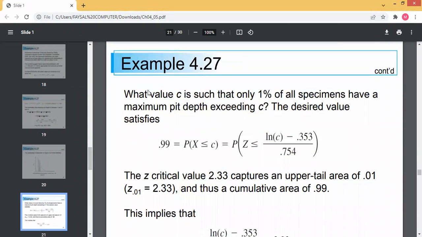What value C is such that only 1% of all the specimens have a maximum pit depth exceeding C?